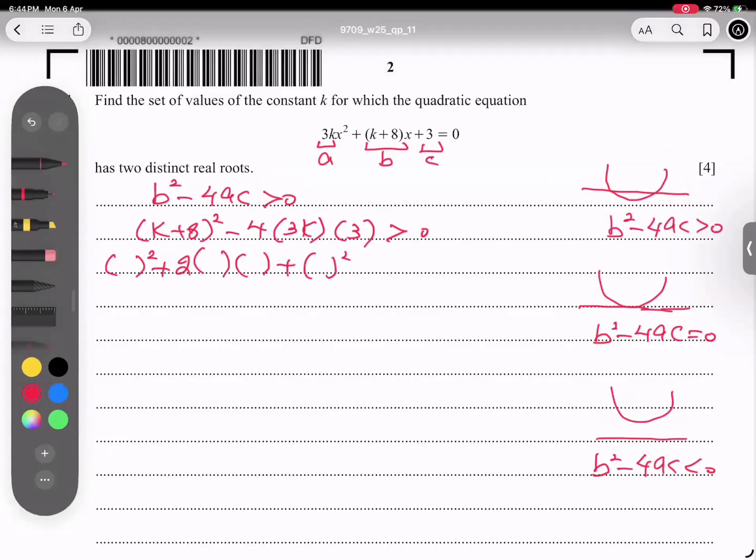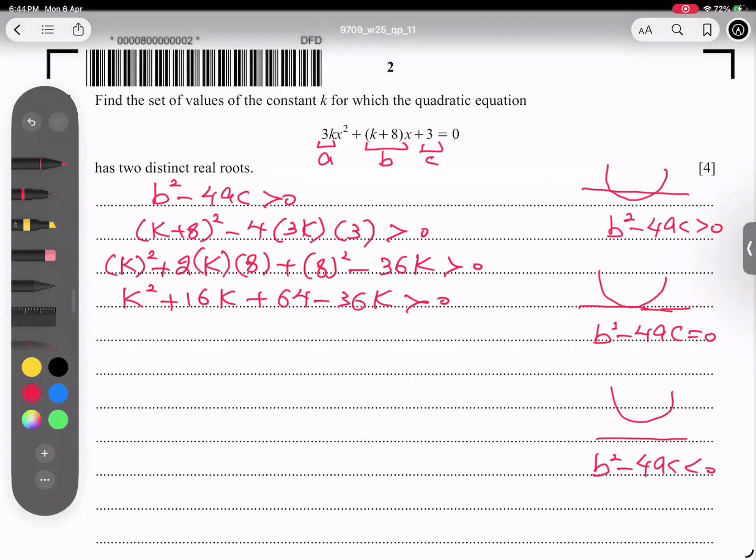Here I'm putting k in the first bracket, second k, and this 8 will come in the next bracket. 4 3s are 12, 12 3s are 36, 36k. So here I got k squared. Here 2 8s are 16k, and 64 and minus 36k.